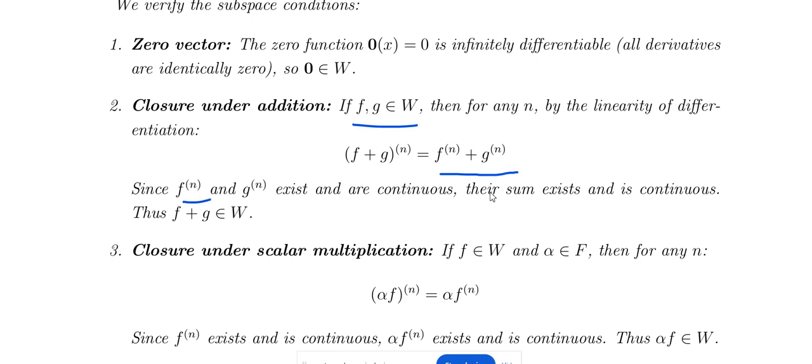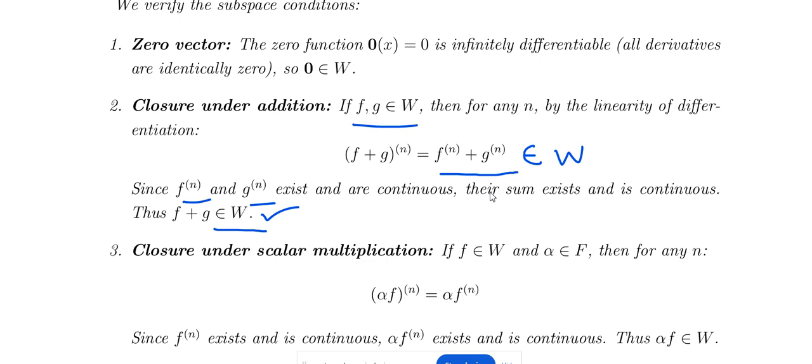So f power n and g power n exist and are continuous because f, g belongs to W. Therefore their sum also exists and is continuous. So the conclusion is that f plus g belongs to W. Because f plus g belongs to W, the closure is true.